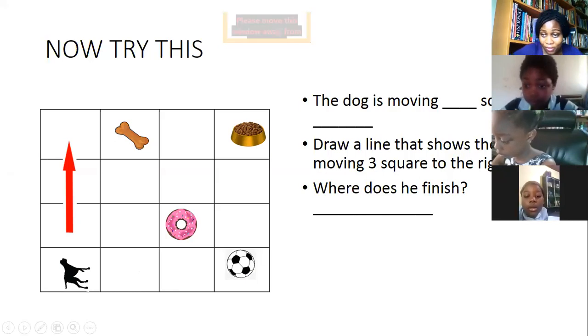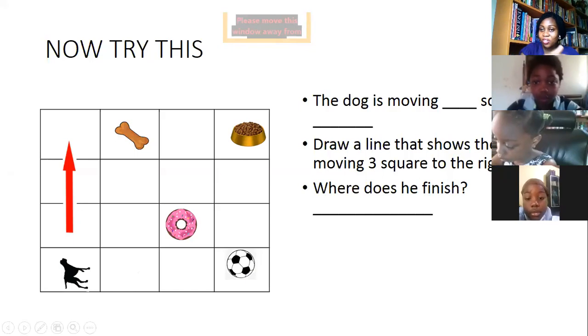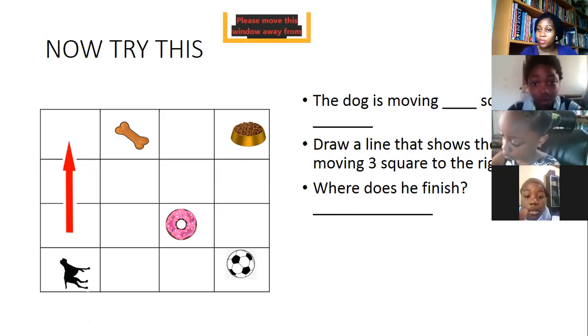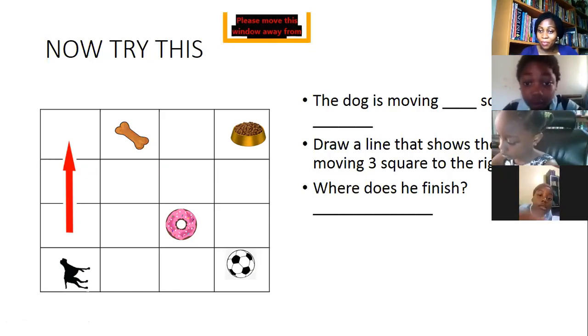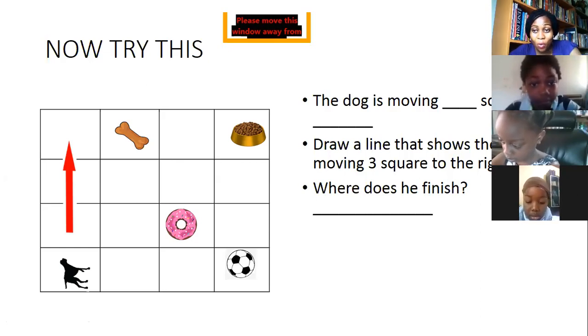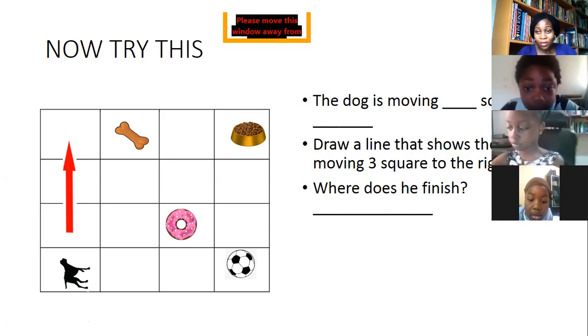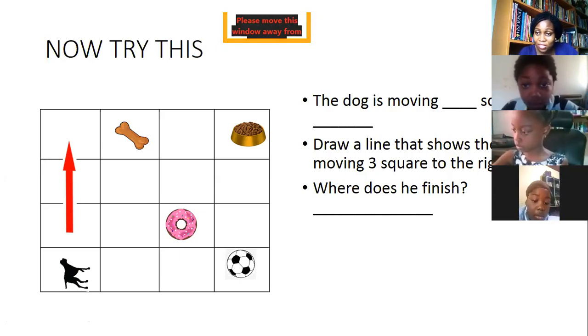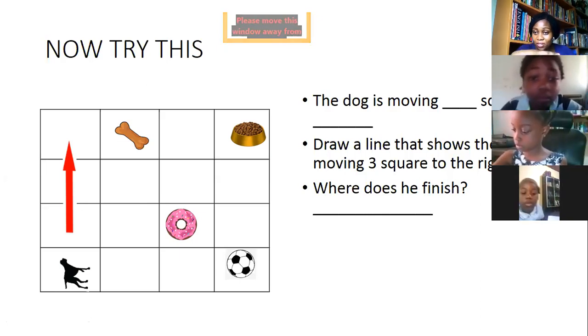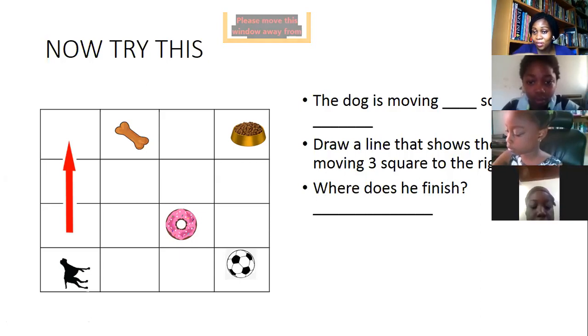So I'll repeat this. Bear in mind the direction you are facing. It is very important. Whatever it is you are working with on your paper, whether it's a dog, whether it's a cat, whether it's whatever, always pay attention to the direction the object is facing.